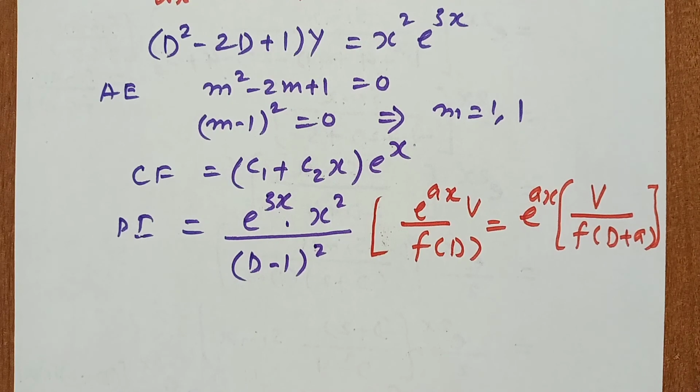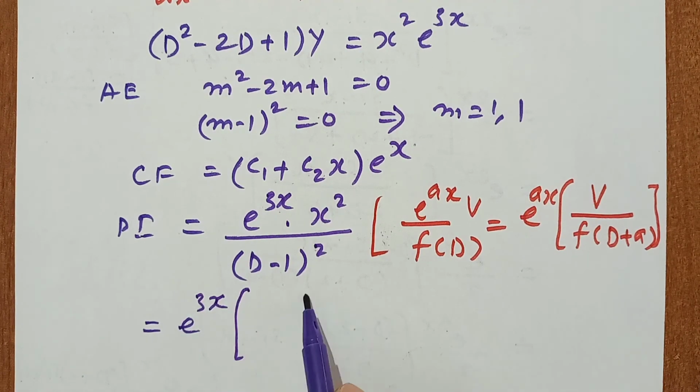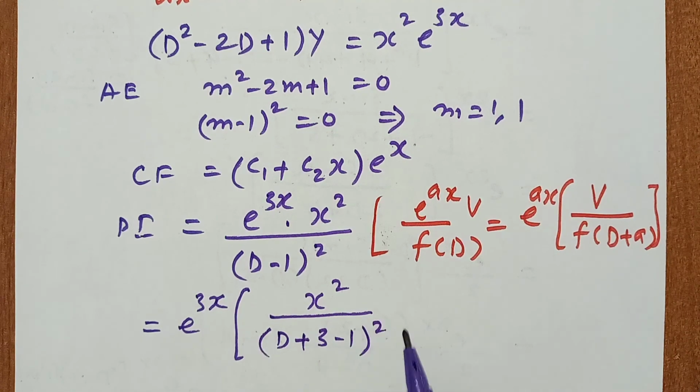So first we write e^(3x) outside, and here V means x², and in place of D we put D + 3. So (D + 3 - 1)².